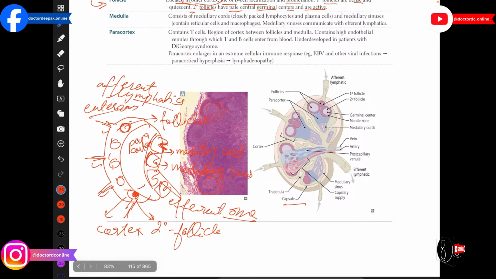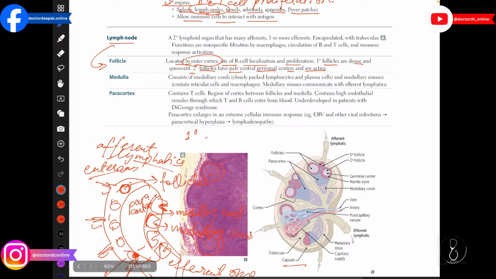The primary are inactive follicles with a proper round shape in the histological structure, but the secondary follicles are active structures with germinal centers, having central pale structures inside them.